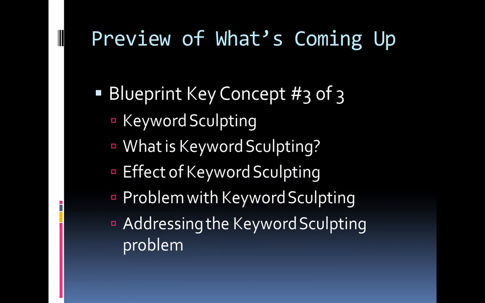So what's coming up? The blueprint key concept number 3. In the next module, we'll talk about keyword sculpting: what it is, the effect of keyword sculpting, the problem with keyword sculpting, and how to address the problem so that your account will be optimized and run smoothly.